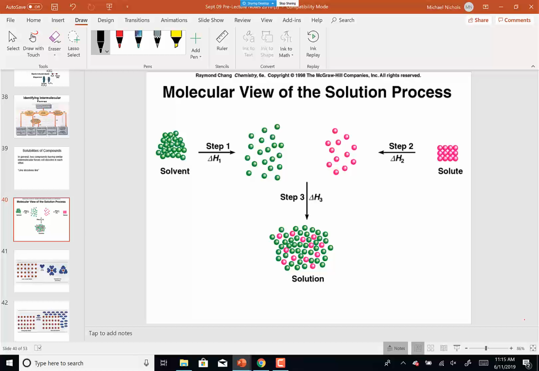Because if I want to know if the like is going to dissolve the other like, it's all about energy. I've got to break apart two pure substances, the solvent and the solute. I've got to break the solvent apart, I've got to break the solute apart, and then when I bring them back together, I hope I get enough energy to pay for what I just did in breaking those two apart.